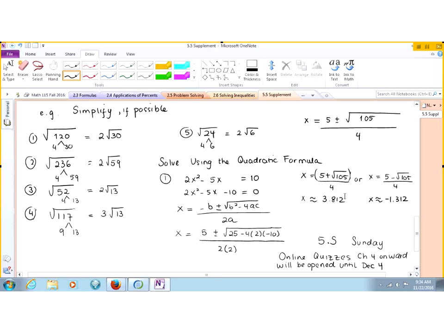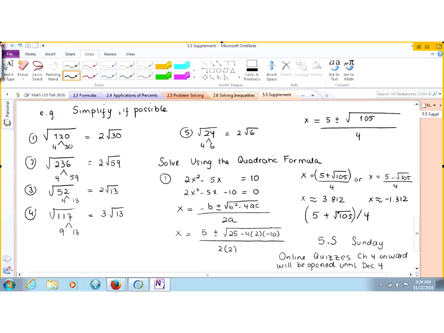Are you guys okay? Probably you didn't put parentheses here. No, you are dividing square root of 105 by 4. So I think what you did was entering 5 plus square root of 105 and then divided by 4, right?